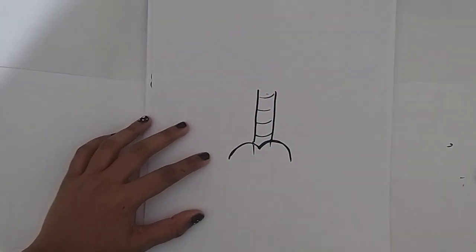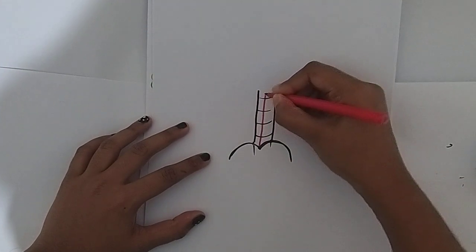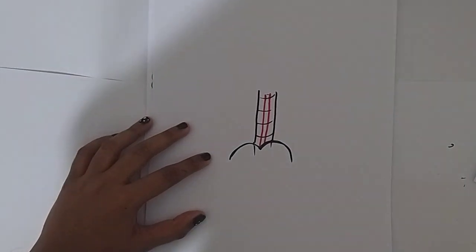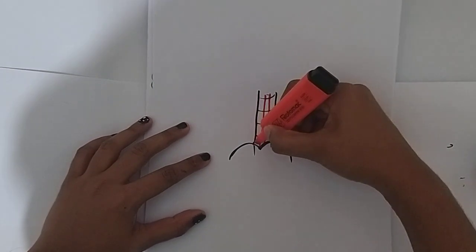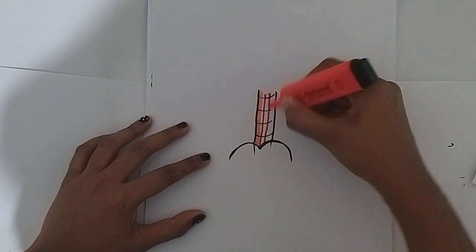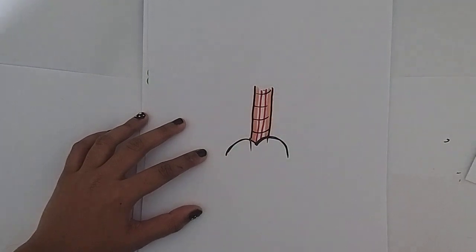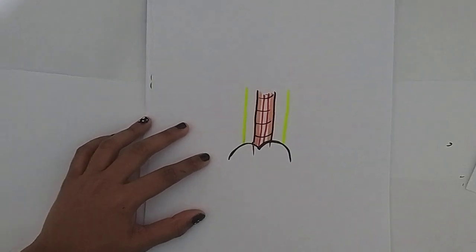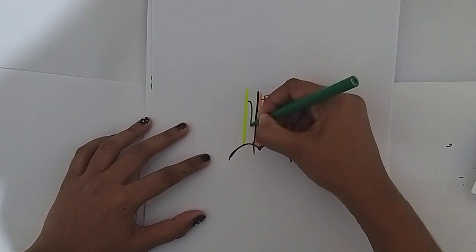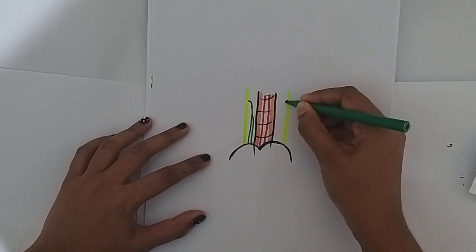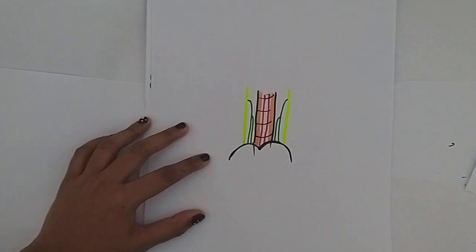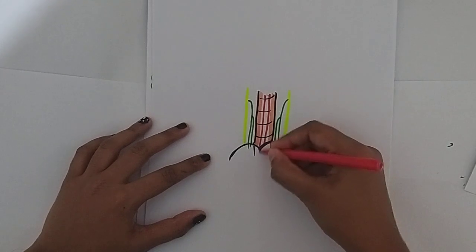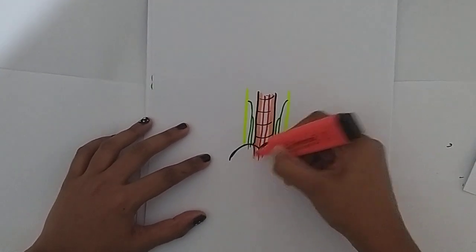Now I will draw the aorta like this, never mind the quick drawing. Here I will draw the azygos and hemiazygos in orange, the sympathetic trunk in yellow, and the greater and lesser splanchnic nerves. Those structures pass from the diaphragm to below.